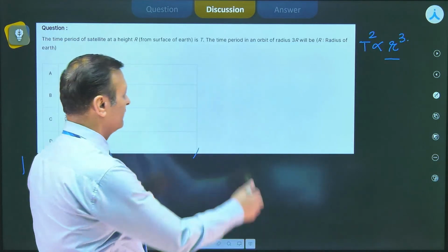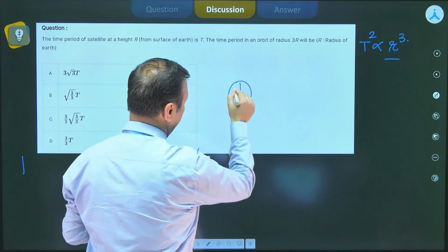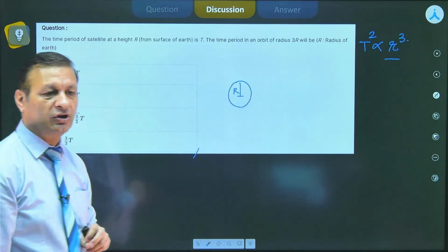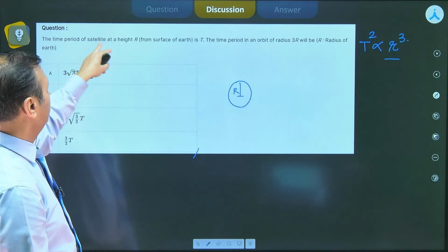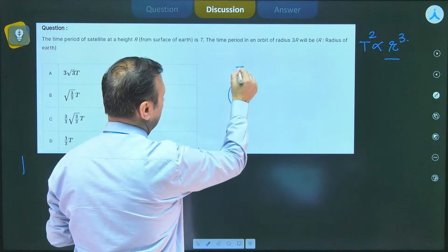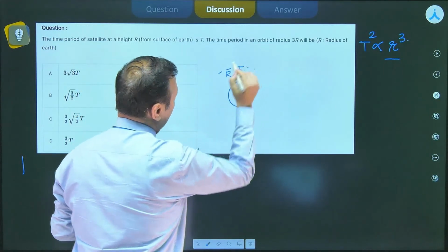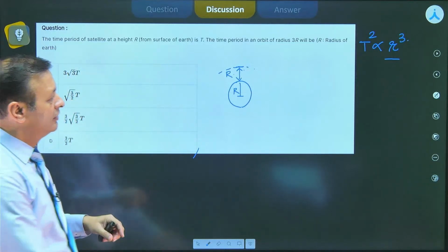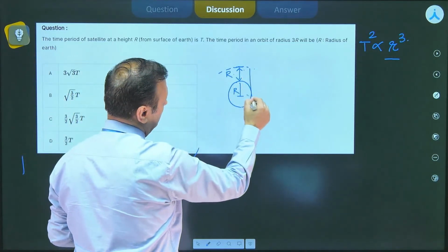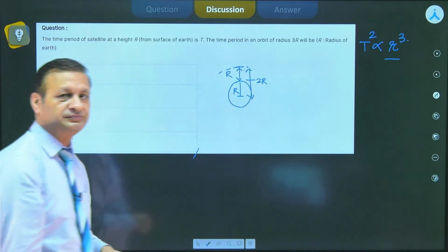Suppose this is Earth, its radius is r. Now the time period of a satellite at a height, and this height is also equal to r. So you are talking about this part. Now what is the orbital radius? The orbital radius becomes 2r.